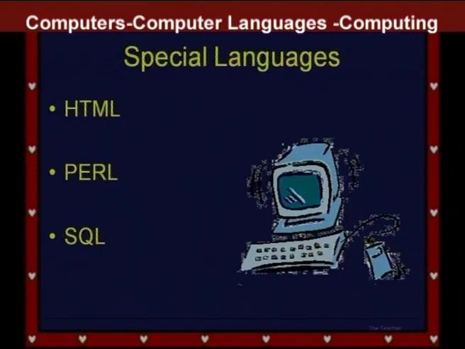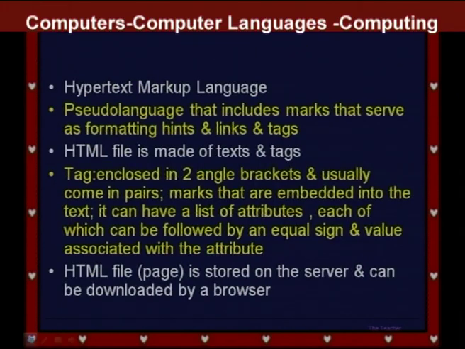Again, special languages: HTML, hypertext markup language, Perl, SQL, structured query language. These are a few other languages used to communicate with the system. Markup language has two angular brackets and usually comes in a pair.